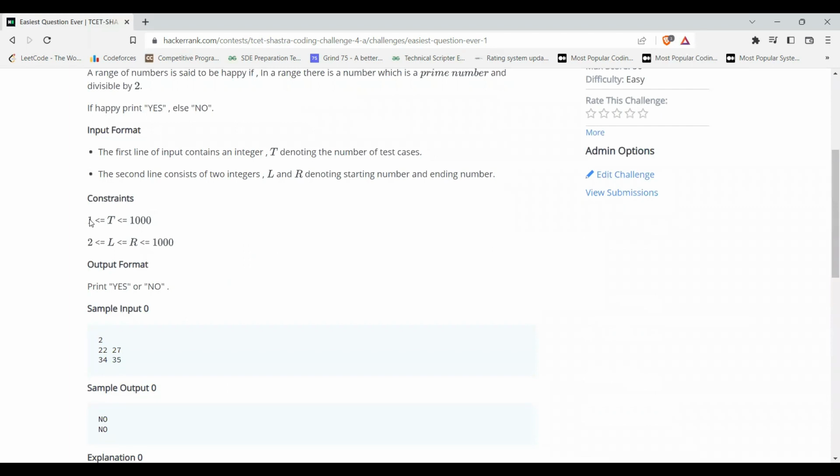Sometimes we should also check the constraints of the question. There are some hints hidden in it. So here, after seeing the constraints, we'll know that L will always be lesser than or equal to R, and the lowest number will get us 2. And this is the number that we are searching for.